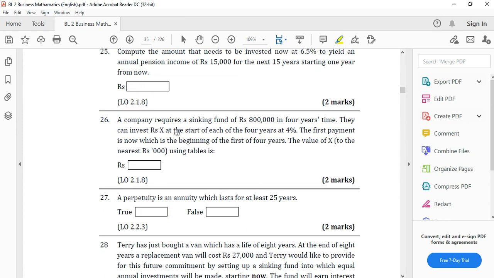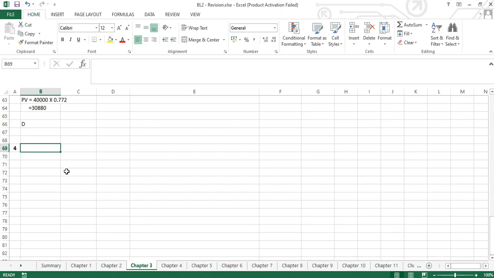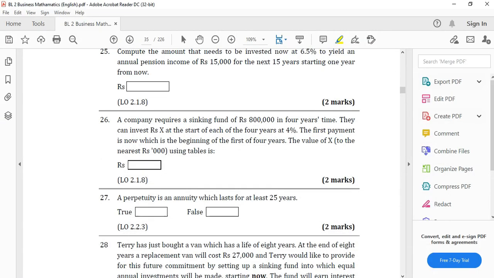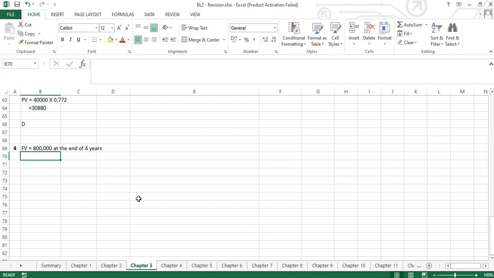A company requires a sinking fund of 800,000 rupees in 4 years' time. So the future value is 800,000 rupees at the end of 4 years. They can invest X rupees at the start of each of the 4 years at 4%.